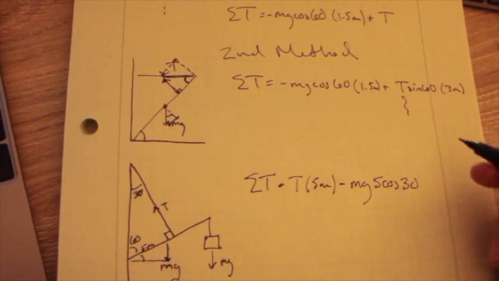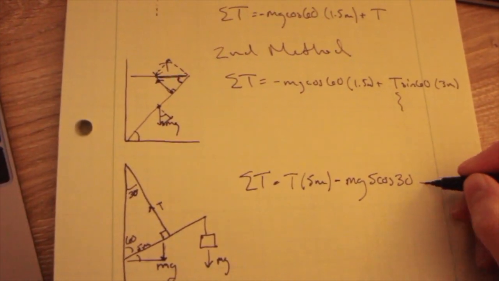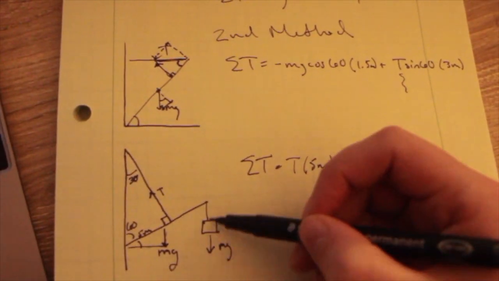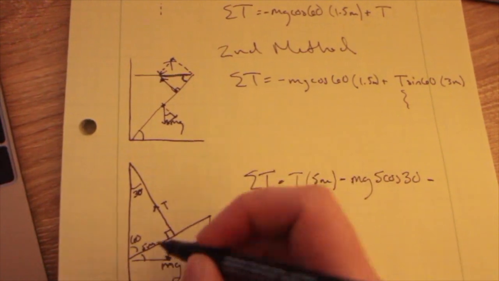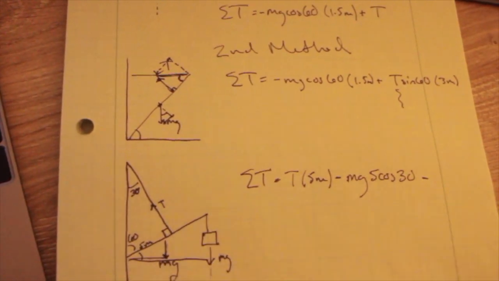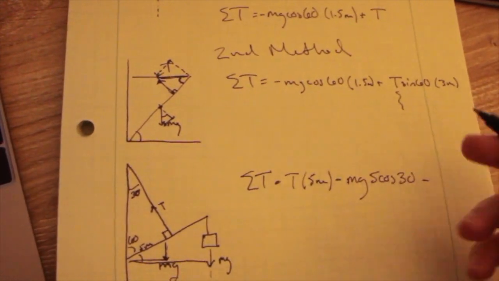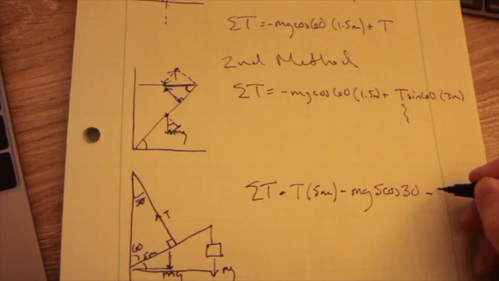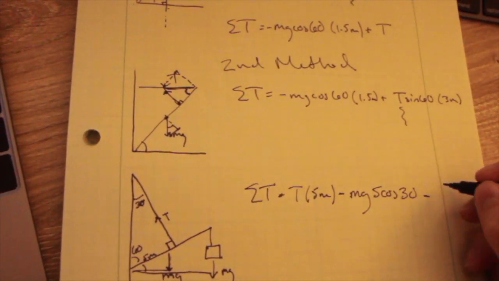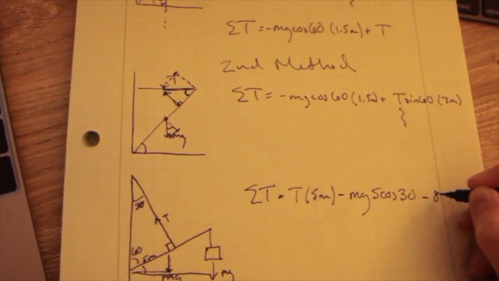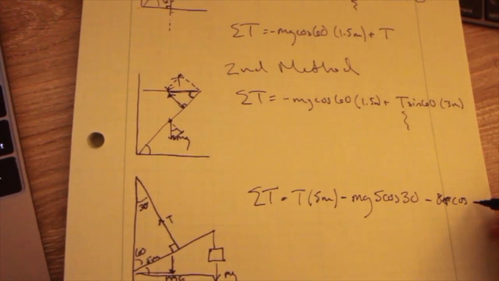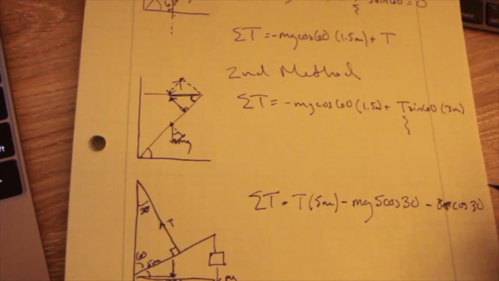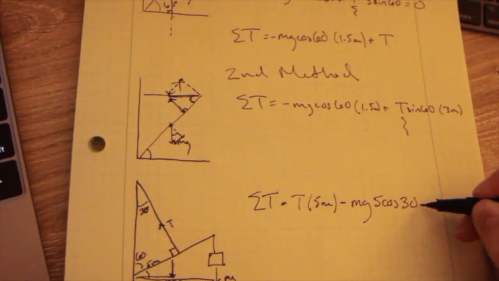And then for the hanging mass, basically I already extended the line of action, so it's just a larger triangle. Same thing, and the beam is 8 meters long, so it's going to be 8 cosine 30 times mg.